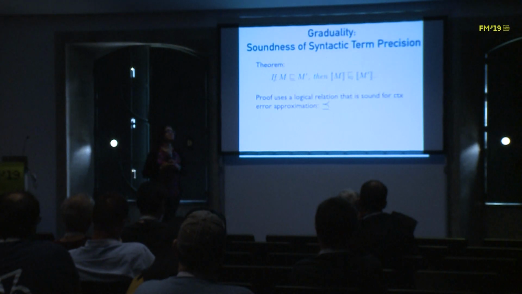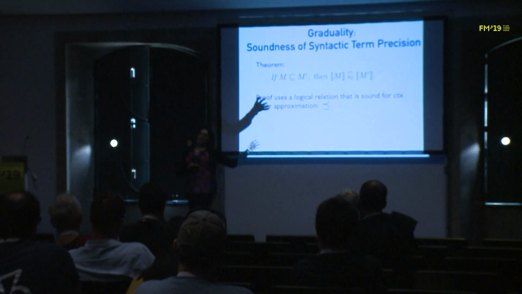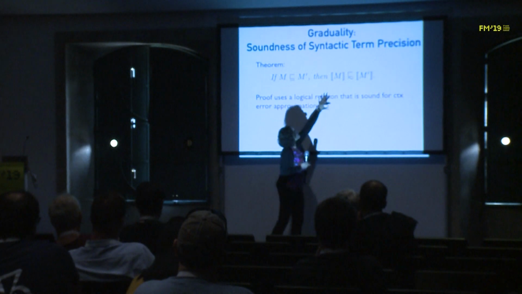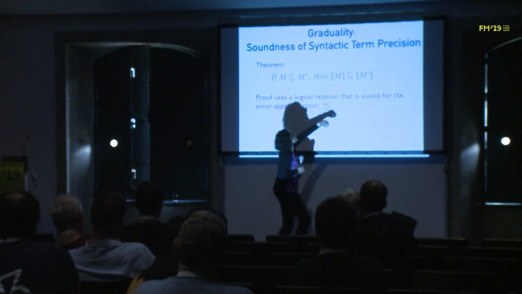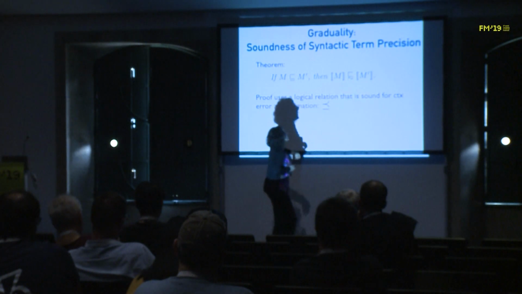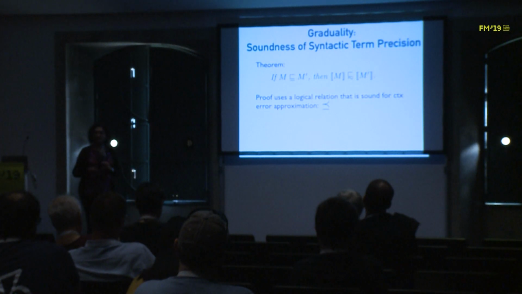And we do roughly the same exercise for syntactic term precision implying semantic term precision. I'm not going to go into how exactly I define that, but it just says the translation of M should be semantically less precise than the translation of M prime. And I'm just using contextual error approximation there under the hood again.